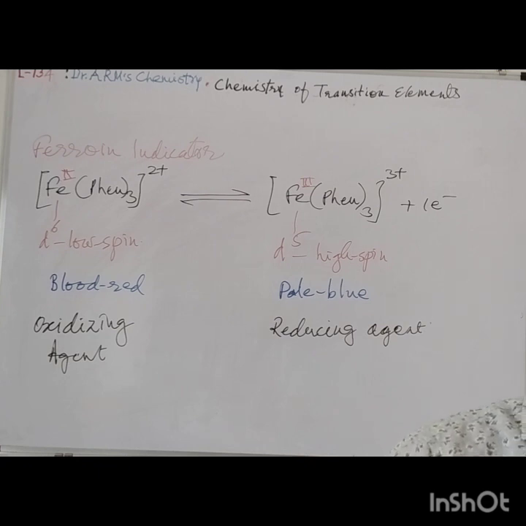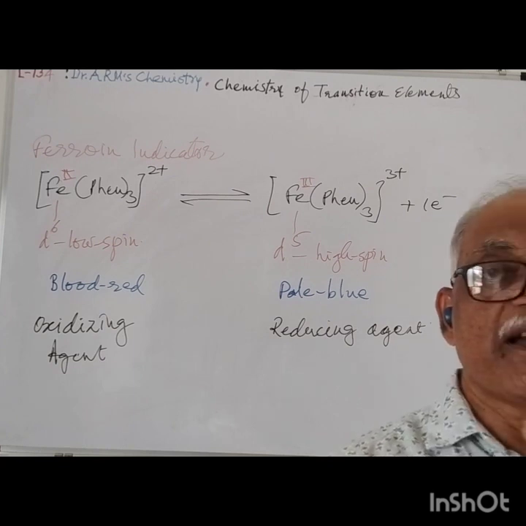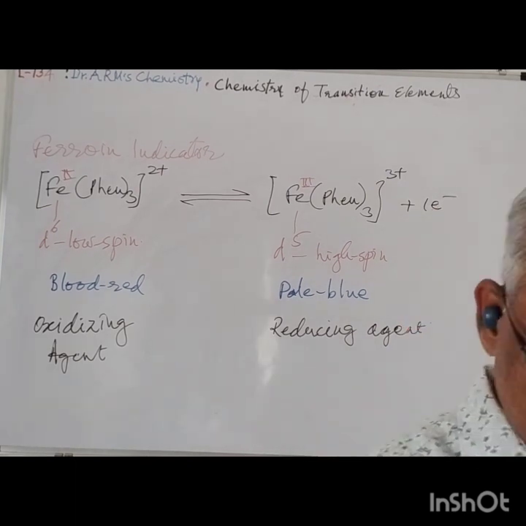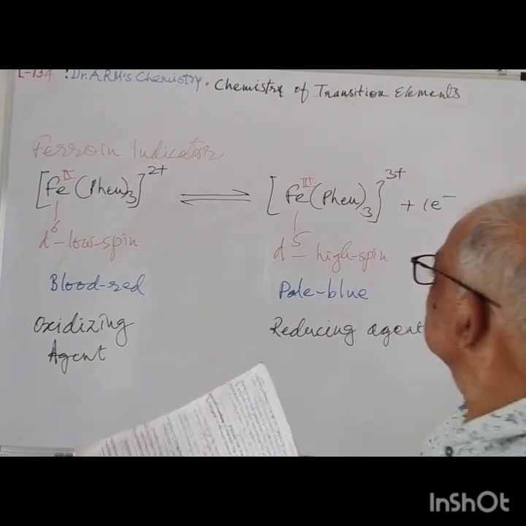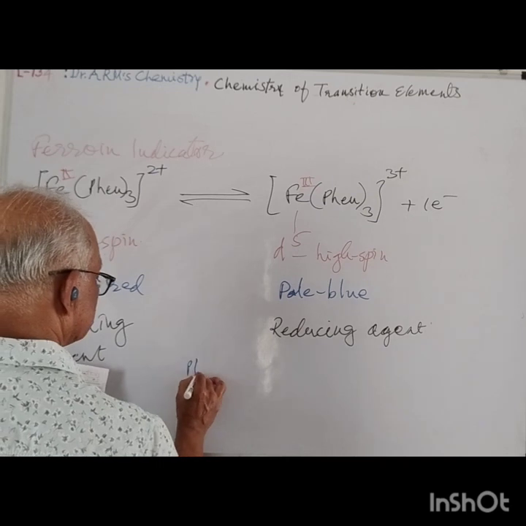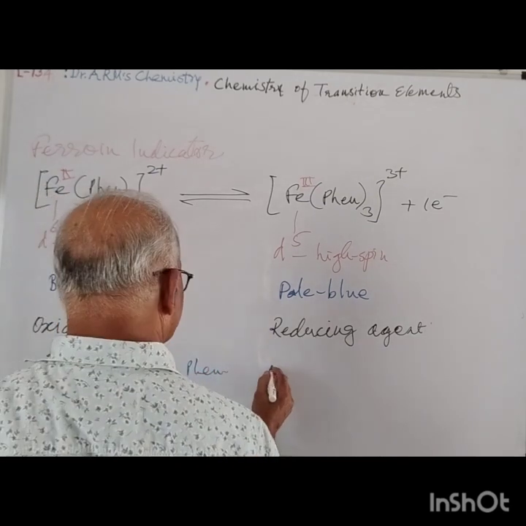The visible spectrum of trisphenanthroline iron 2 plus is similar to the cobalt 3 complex also. This is also because of metal to ligand charge transfer. Now this phenanthroline has a structure like this.